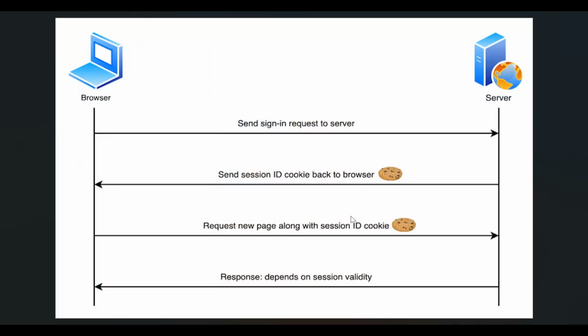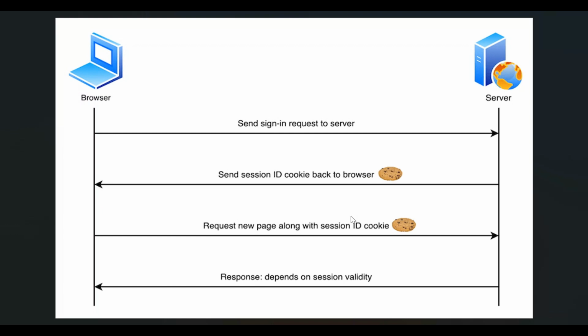Before we jump into the demo, let me explain what a session cookie actually is in a way that is simple and practical. When you log into a website, the server needs a way to remember that it's you on every page you open. Websites don't have memories. Every request is new. So how do they remember? They give your browser a small piece of data called a session cookie.